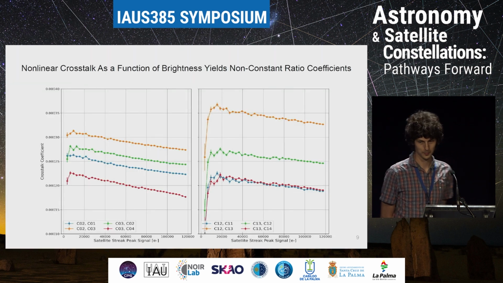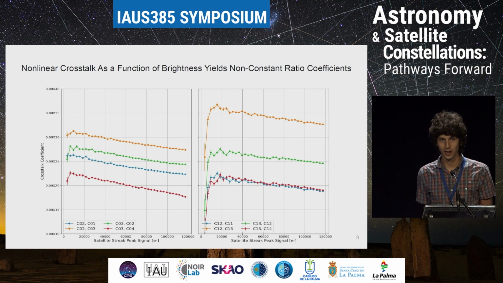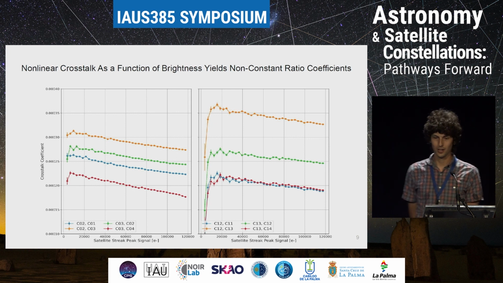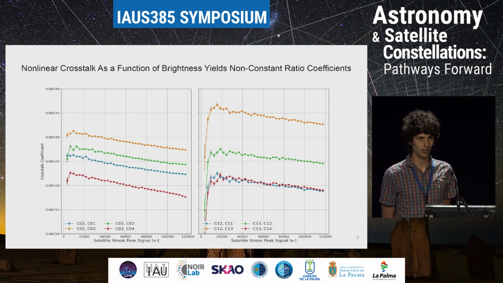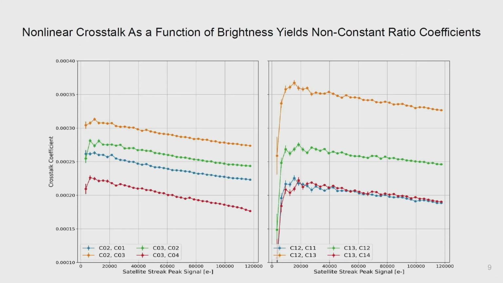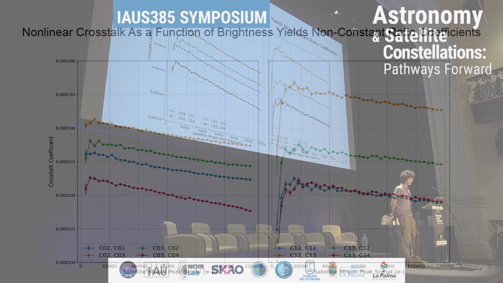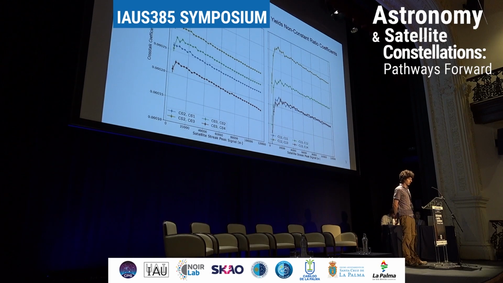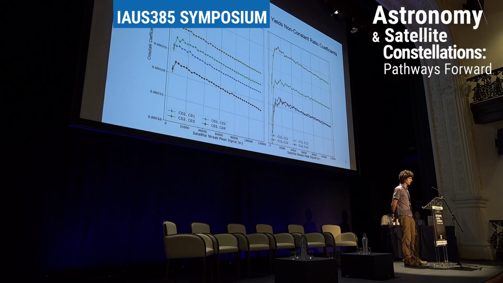So this is the most technical graph in my talk. It's a graph of nonlinear crosstalk versus intensity. On the y-axis, I have a crosstalk coefficient. That's the ratio between how bright the crosstalk streak is, the response streak, and the central actual satellite streak. As you see on the x-axis, we scale the brightness of the central streak.